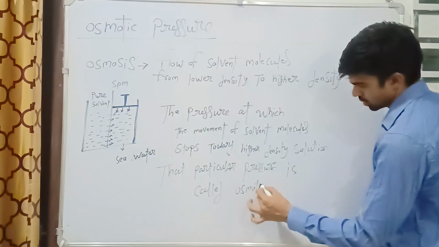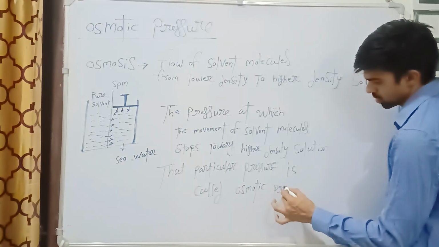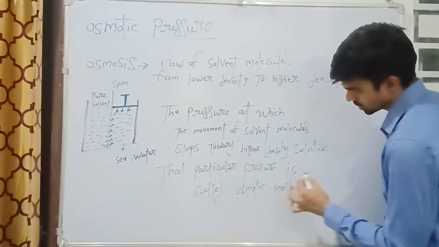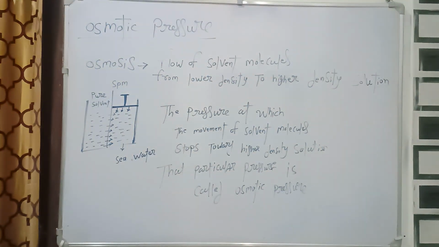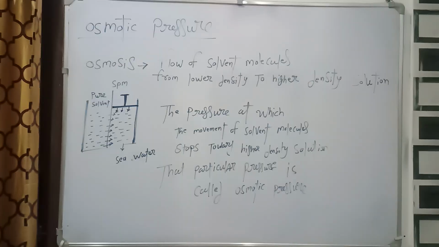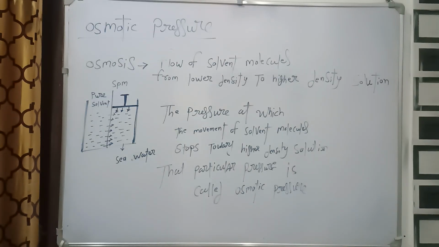So osmotic pressure is that pressure which stops the process of osmosis, or which stops the osmosis.